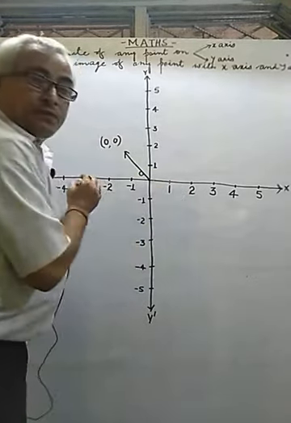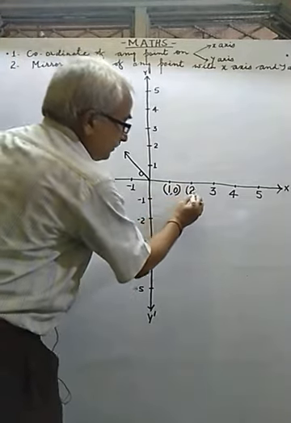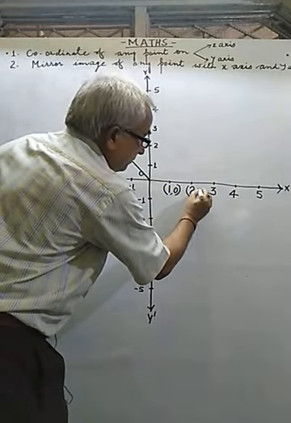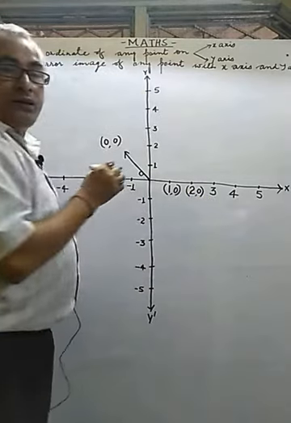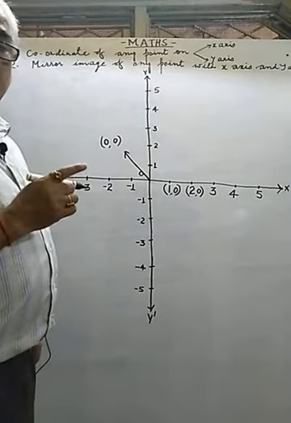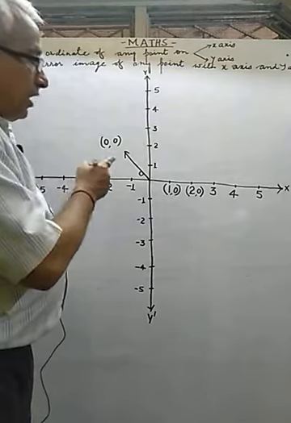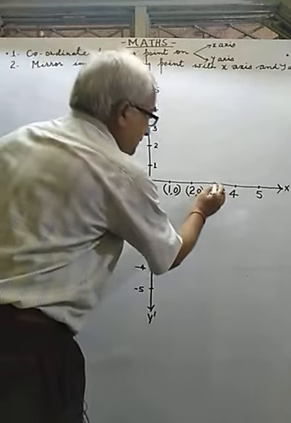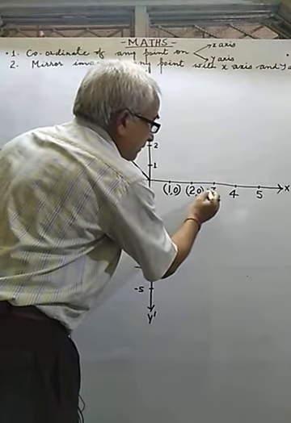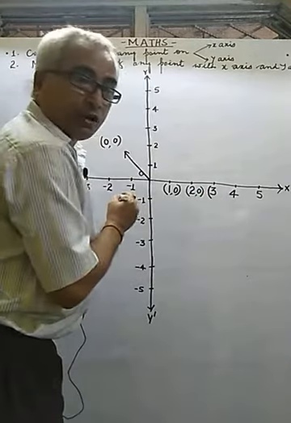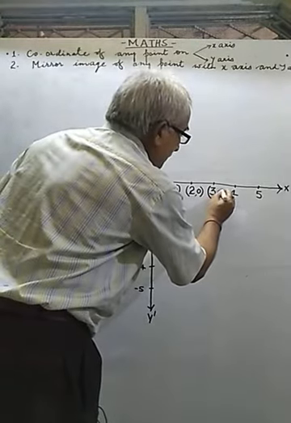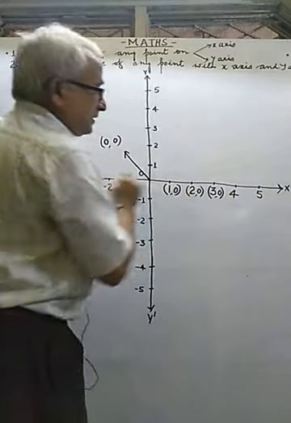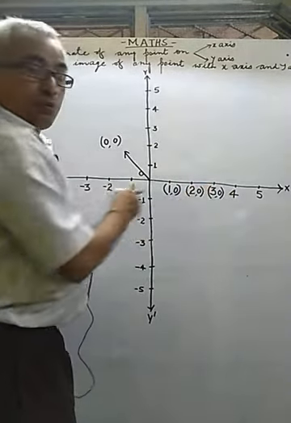Similarly, the coordinate of this point, you may observe here: the value of abscissa is 2 and the value of ordinate is 0. At x-axis, everywhere the value of ordinate will be 0. Only the value of abscissa will vary from point to point. At this point the value of abscissa is 3 but ordinate is 0. The coordinate of this point is (3, 0).